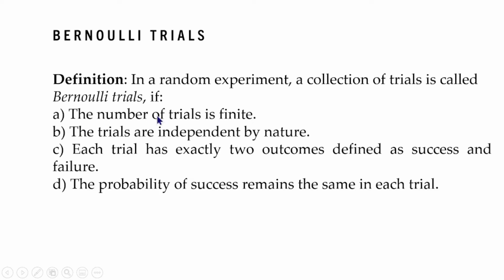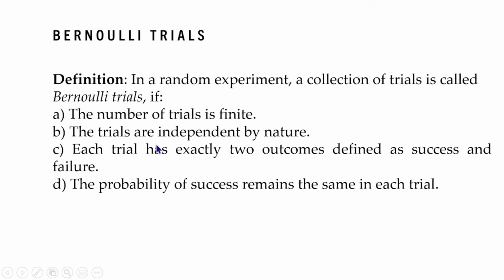So the number of trials should be finite and the trials should be independent by nature. For example, in an experiment of drawing balls, if the drawing is without replacement, then such trials are not Bernoulli trials because they are not independent by nature.